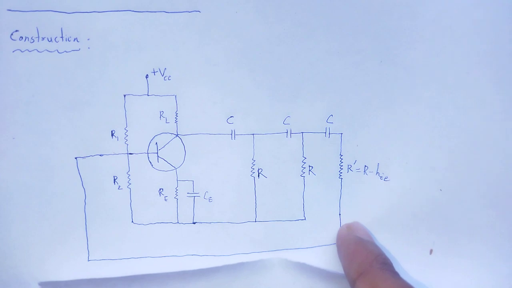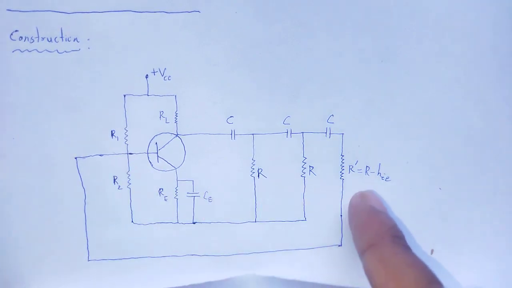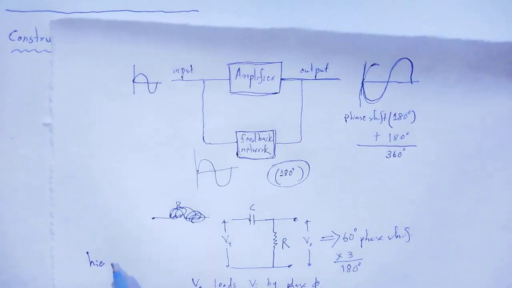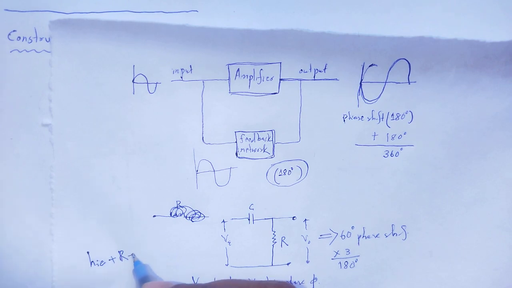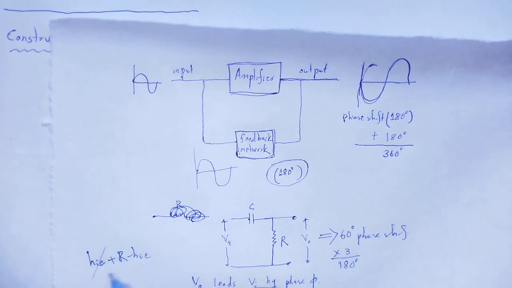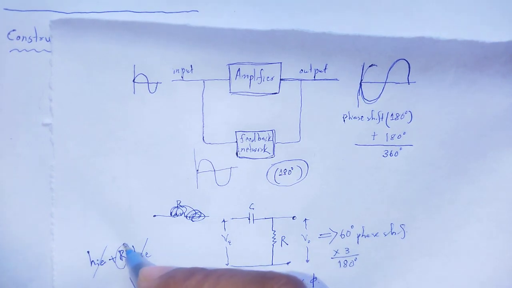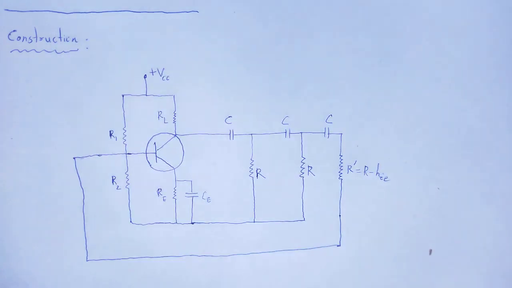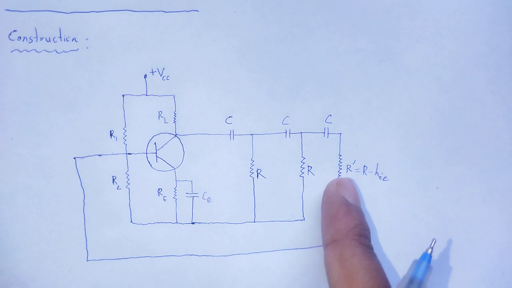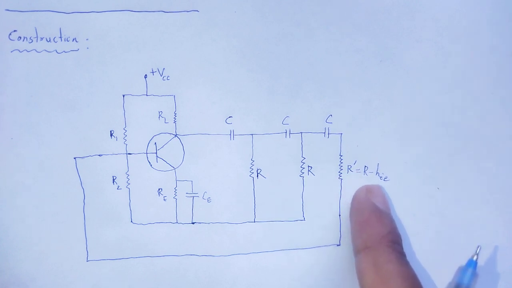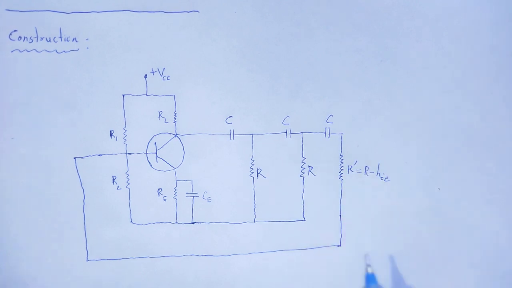Why? At the input, there will be an input impedance, which is equal to hie. If we have the resistance R dash equal to R minus hie, the net resistance is hie plus R minus hie. The hie cancels out and the net resistance will be R. So we take R dash as R minus hie.